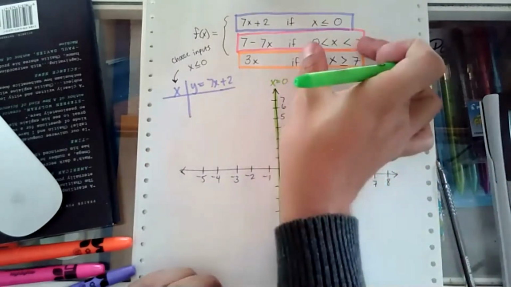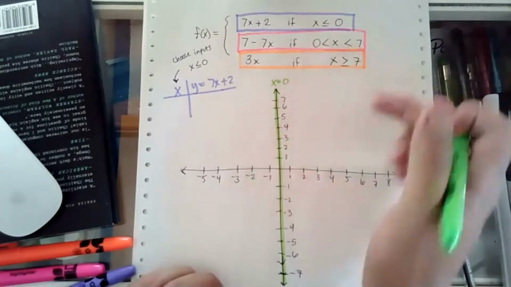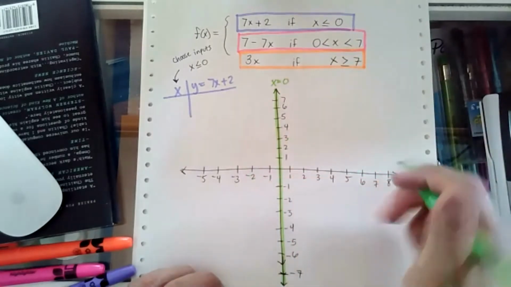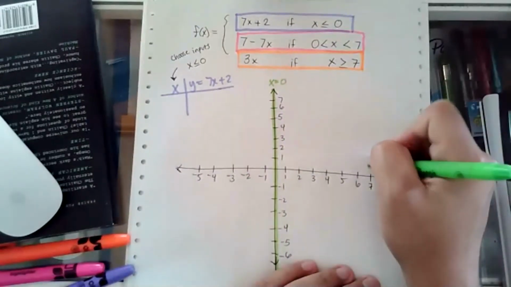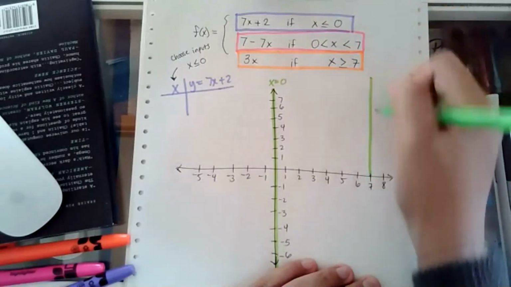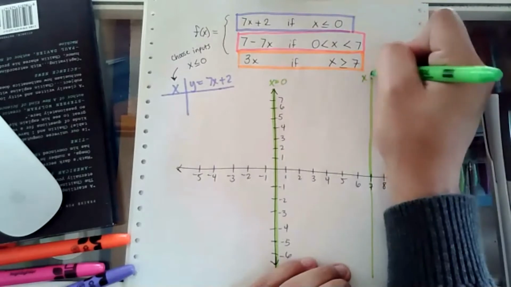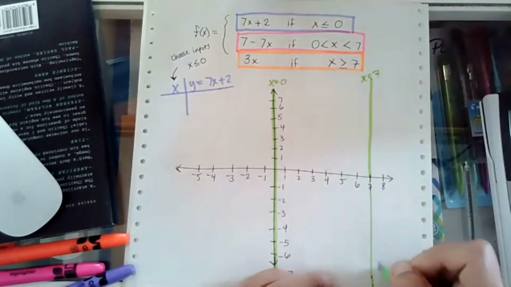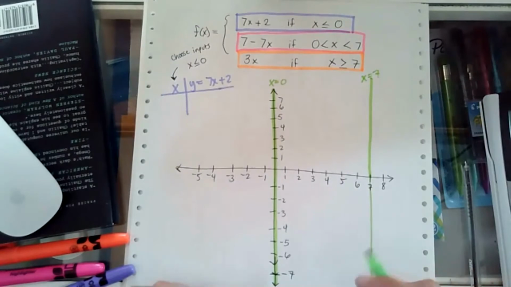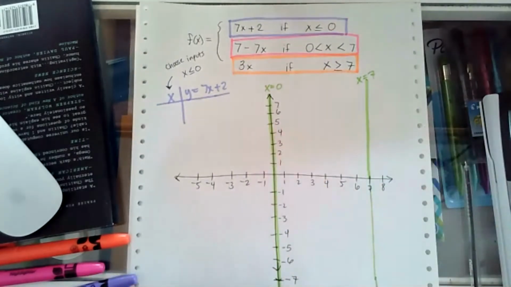Then we have some portion of the graph that's between 0 and 7. So I'm going to go out to 7 and put a vertical line here. And that's x equals 7. And these are just to reference the portions of the graph that we're going to be drawing.